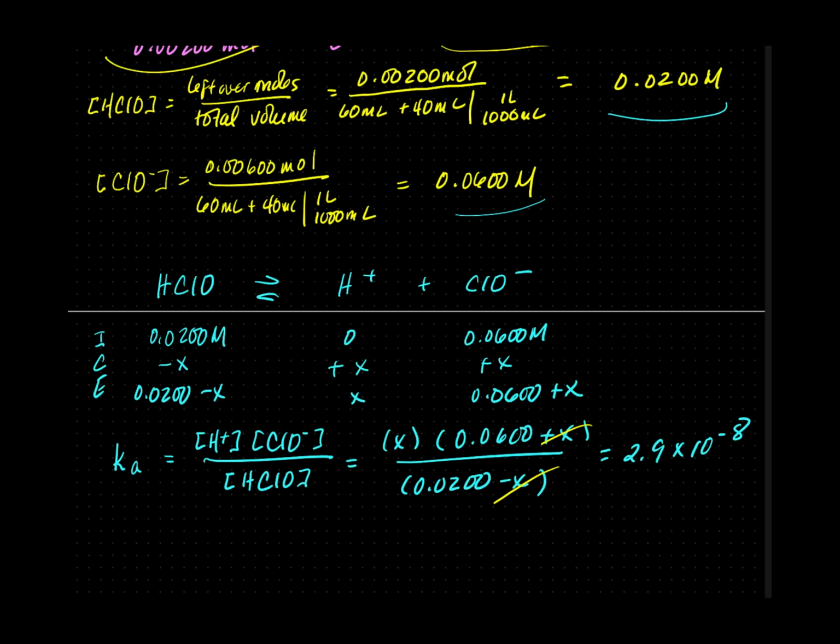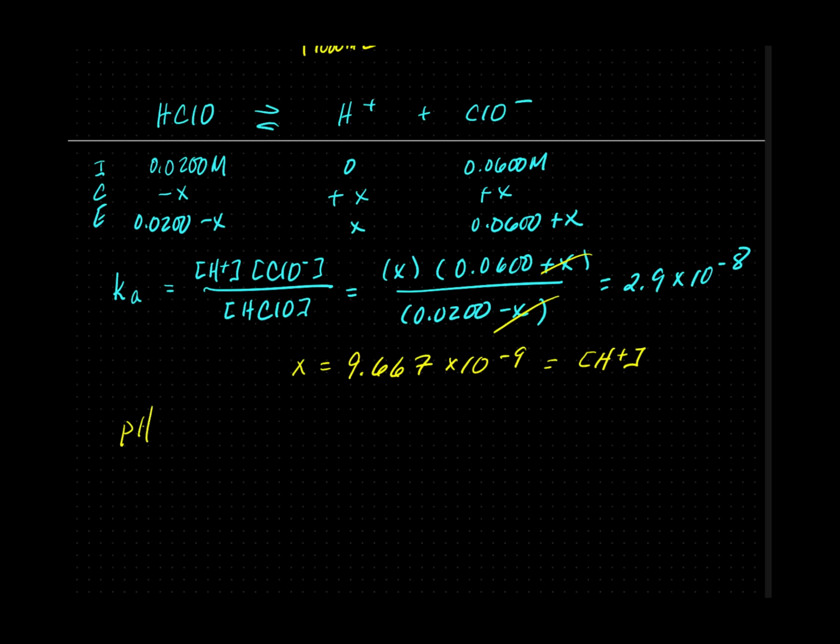Plugging this in and solving for X, 9.667 times 10 to the negative 9. This is my X, or also H plus. So pH is equal to negative log of H plus, which is equal to negative log of 9.667 times 10 to the negative 9. This is equal to 8.01.